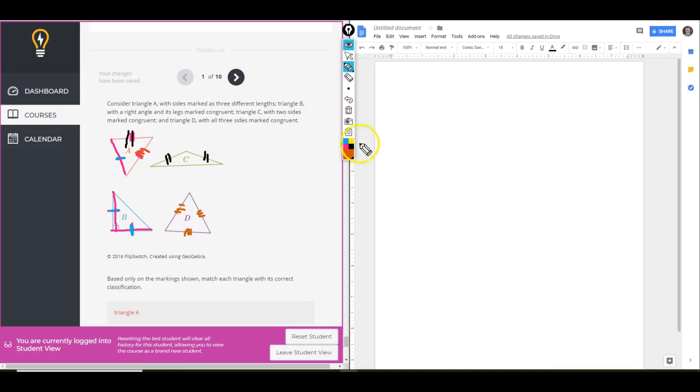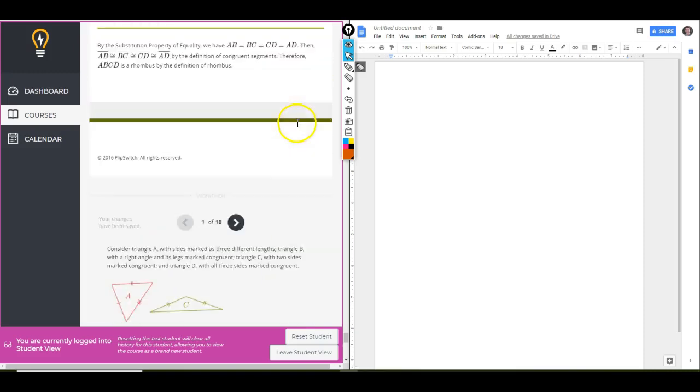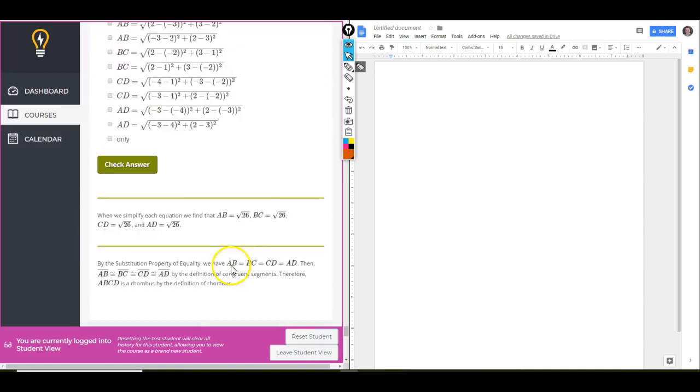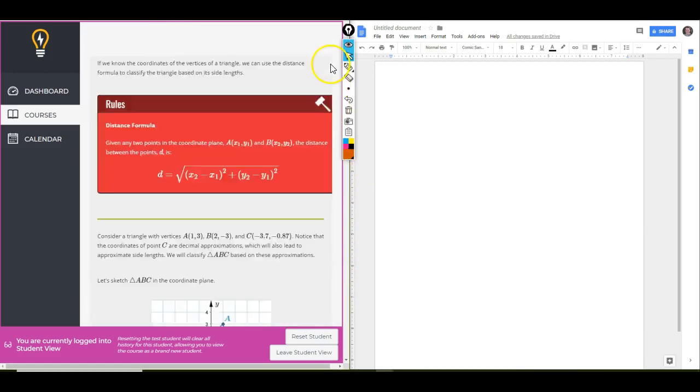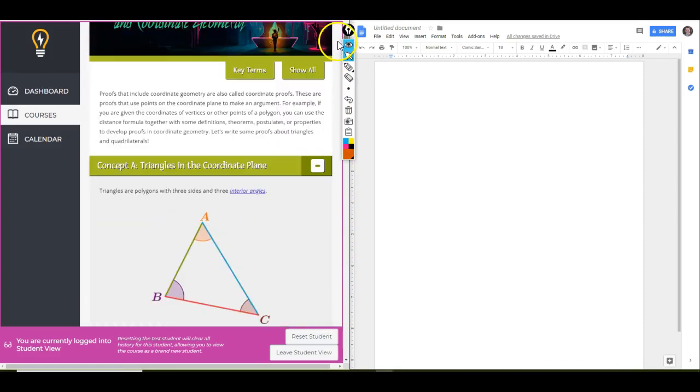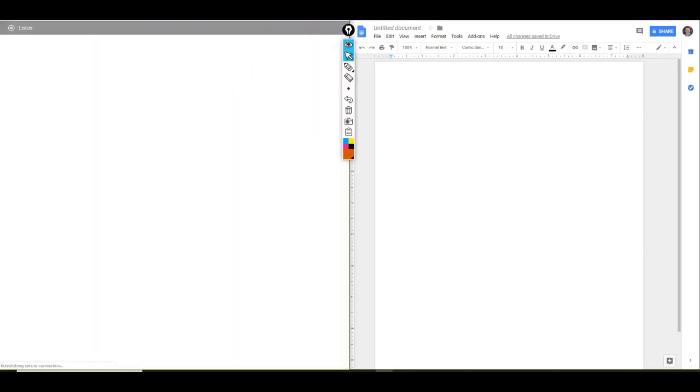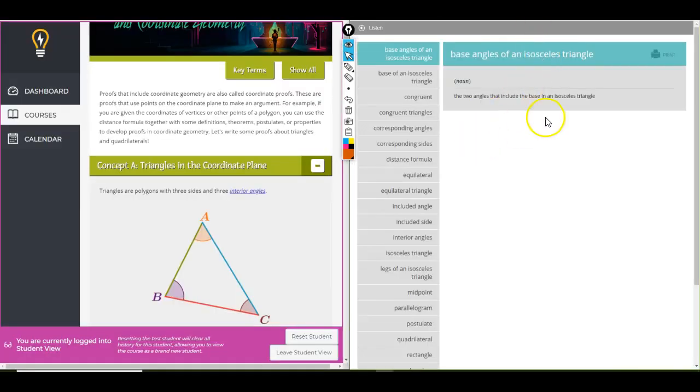So now that we have a basic understanding of what tick marks mean, when we're identifying what kind of triangle it is, we are looking just at the individual triangle. If you aren't able to remember what the different types of triangles are, I would highly recommend going to the very top again and opening up the key terms, the vocab.